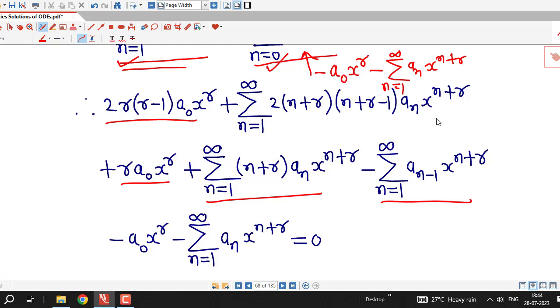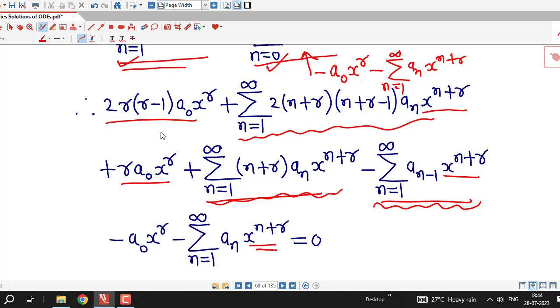Now here you can see I can combine all these summations because they are starting from n equal to 1 to infinity. And also we have x raised to n plus r common in each of these summations, and the rest of the things have x raised to r common. So I can combine these terms. I can take a0 also common.